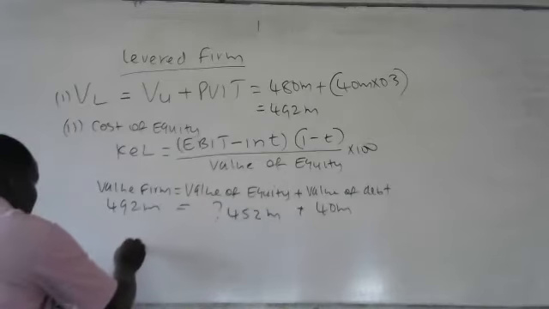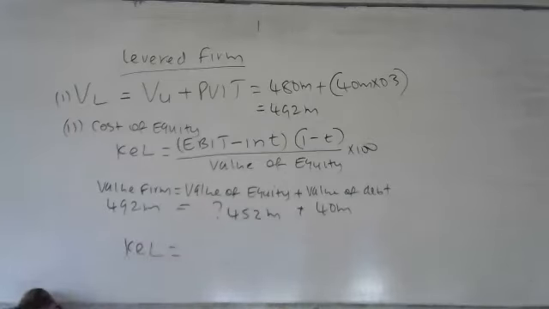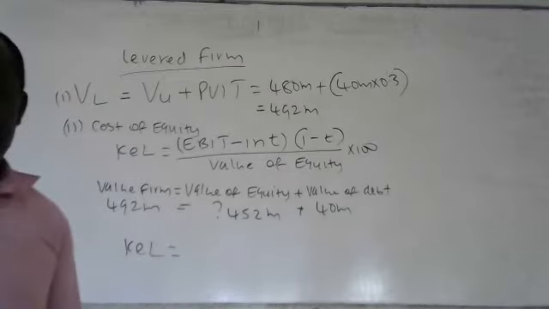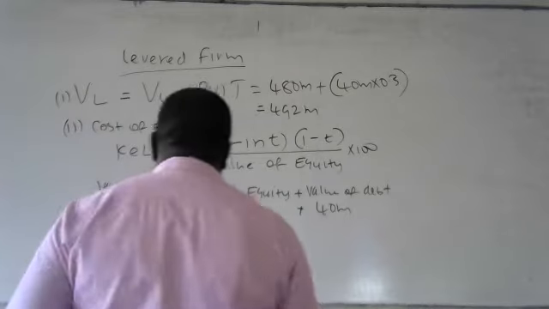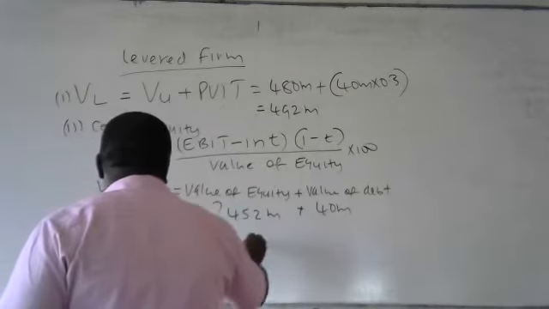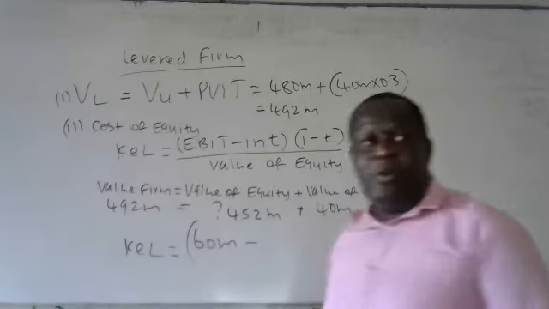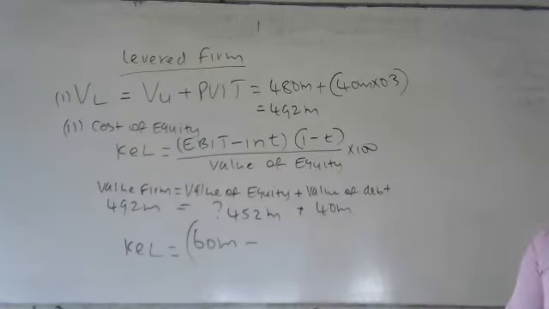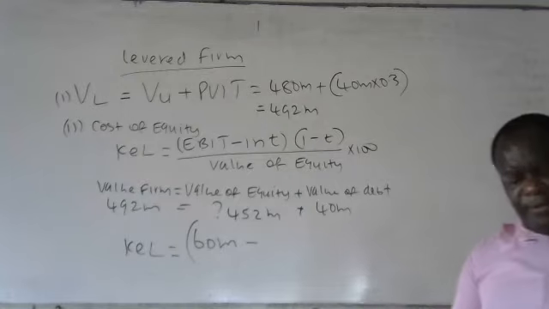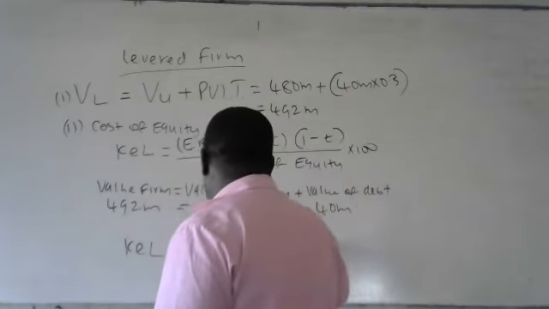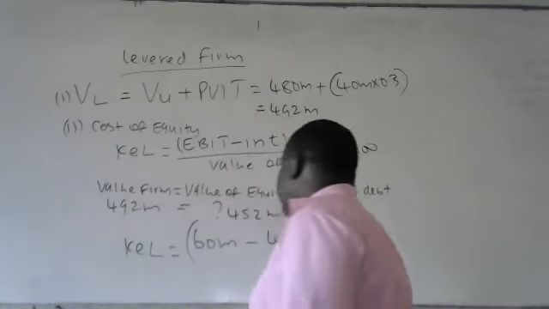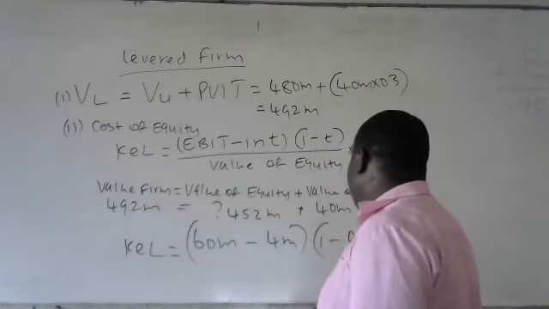KEL should now be given by earnings before interest and tax, which was given to you as 60 million. To come up with the interest, the debt is 40 million. The interest rate of the debt is given as what percent? So what is 10% of 40 million? It is 4 million. So we minus 4 million, then times 1 minus the corporate tax, which is 0.3.